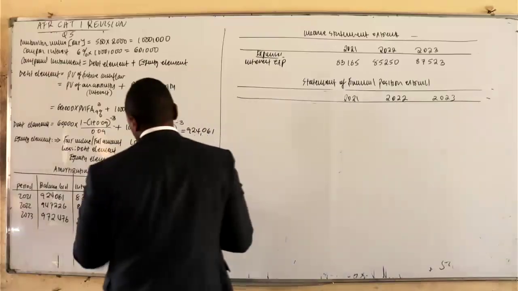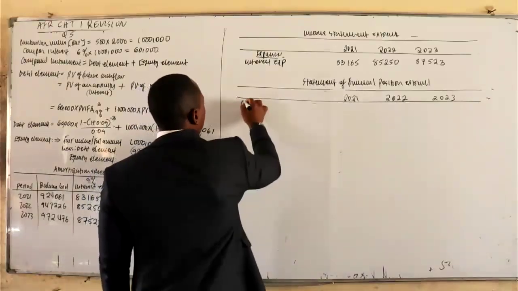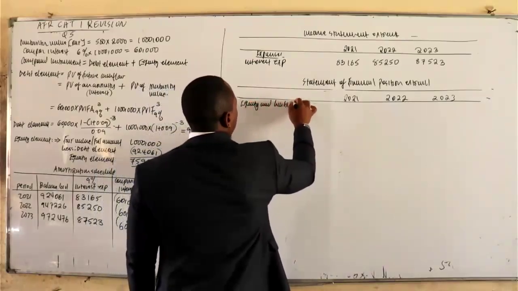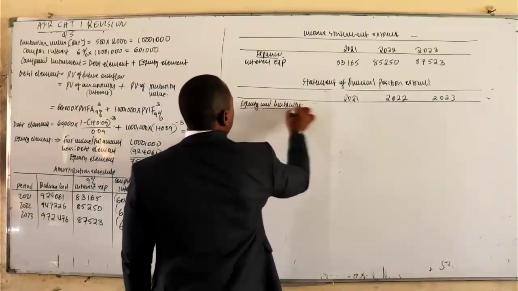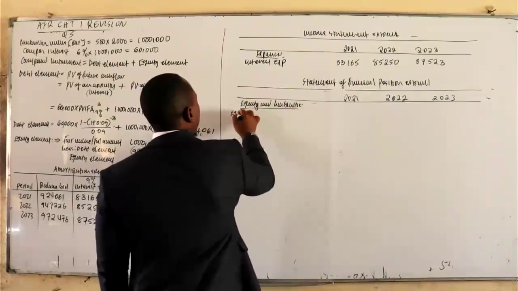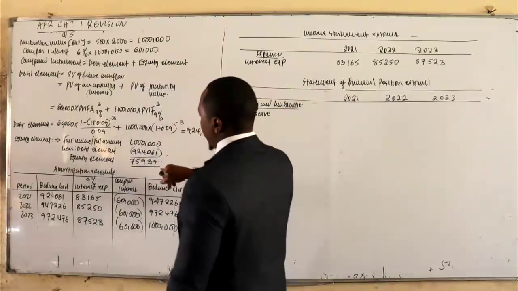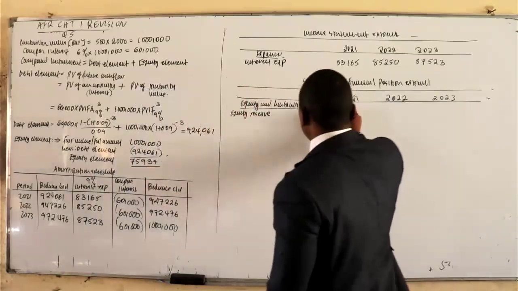So here we have, it was a financial liability, so therefore under equity and liabilities. To the equity, we have an equity reserve. This was the equity reserve, an amount of 75,939 each year.